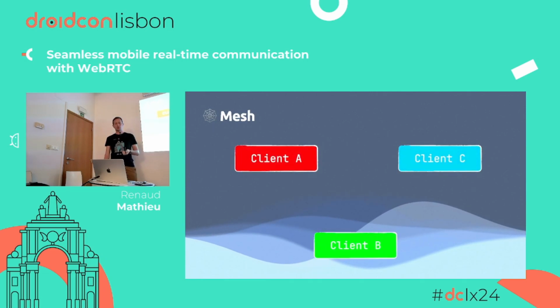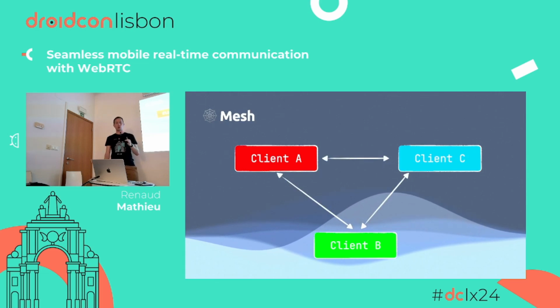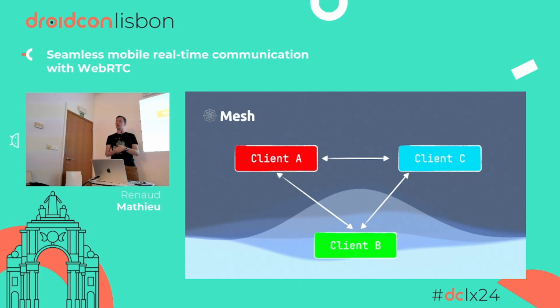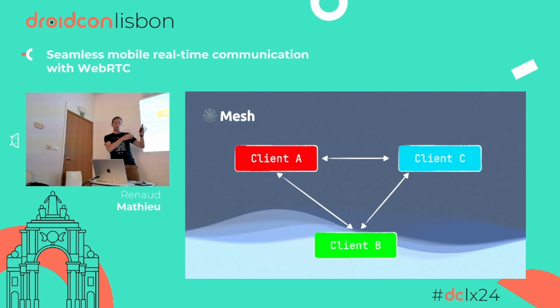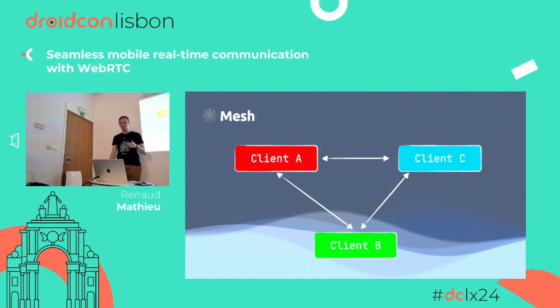In a mesh architecture, all participants are directly connected to all other participants. This solution has some advantages. It's easier to set up with a low operation cost, but it requires high bandwidth, which is a disadvantage. It requires high bandwidth for each client to make sure that they all communicate together.